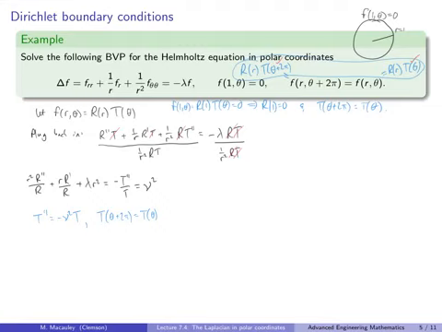And then our second ODE is in r. That's r squared R double prime plus r R prime plus lambda r squared minus nu squared R equals 0. And then we have a boundary condition that R of 1 equals 0.